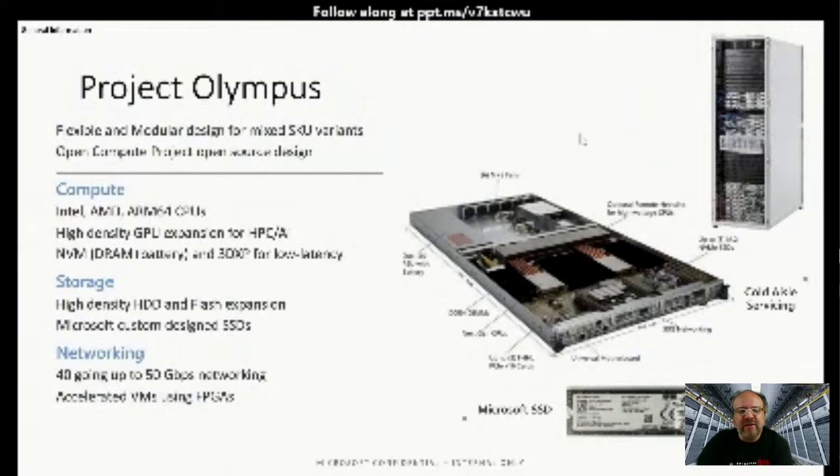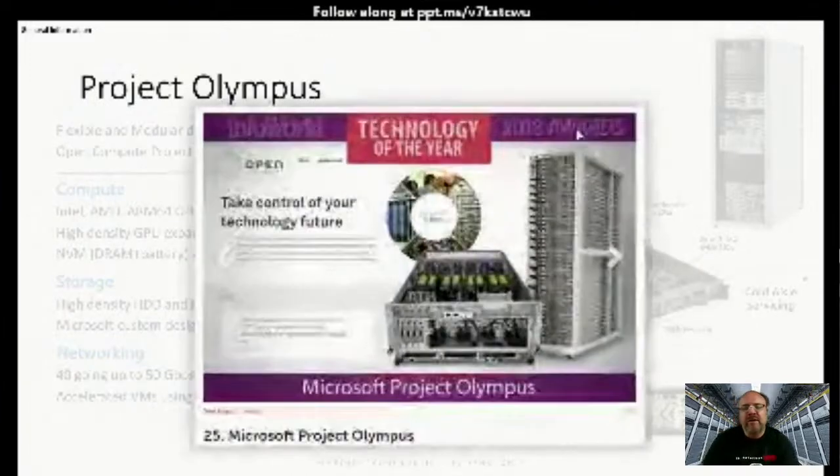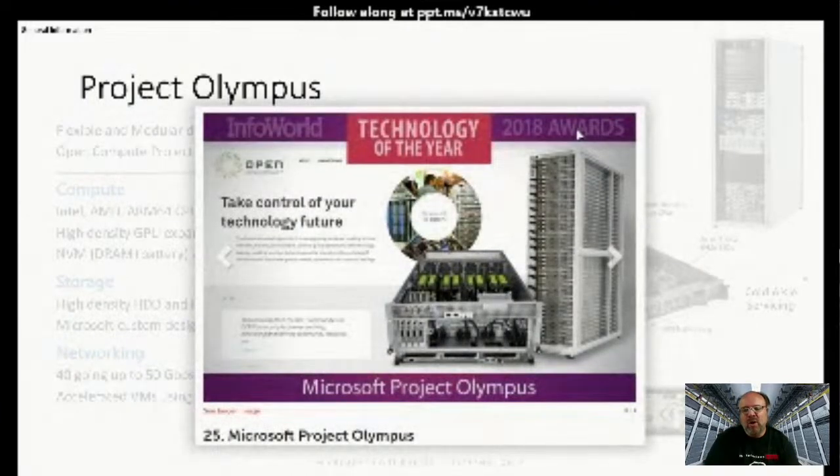So anything they could do to move to easier and more efficient devices in the data centers. And this won a Technology of the Year for Microsoft Project Olympus.